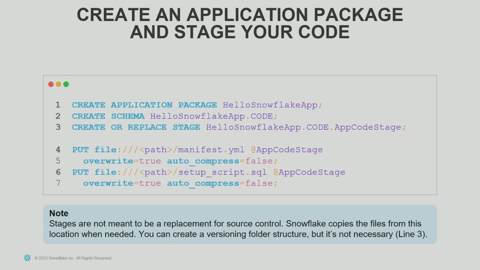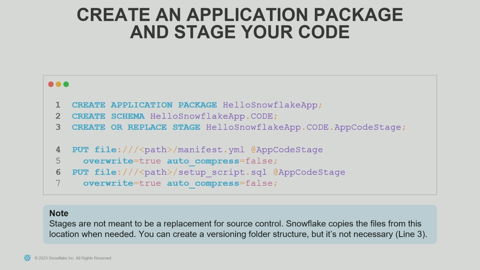Then what you're going to do is create the application package and a stage inside the application package where you're going to put all of your files that Scott referenced earlier. We're going to put those in a stage, and at the time that we create either a running instance of the application or a version, we are going to take those files and put them into a sort of secret hidden area that we run the application from.